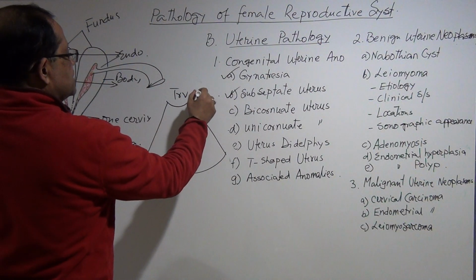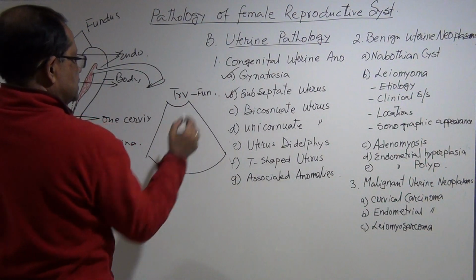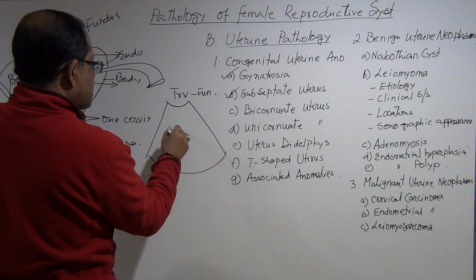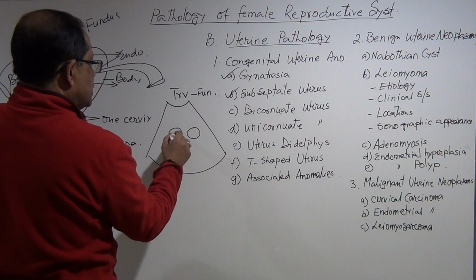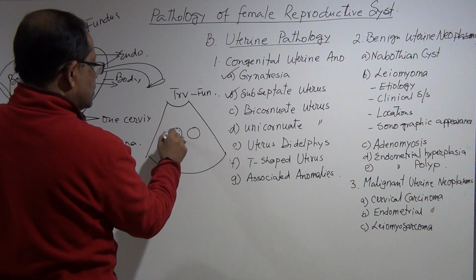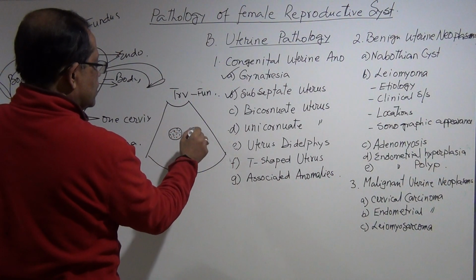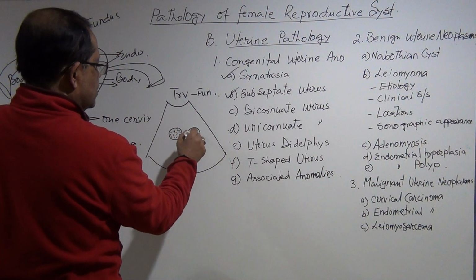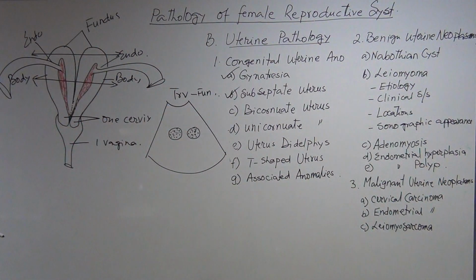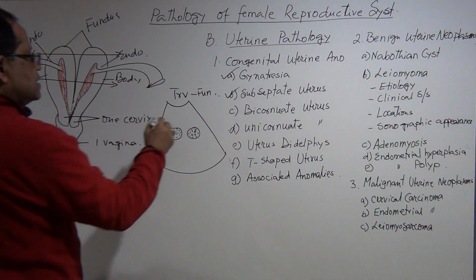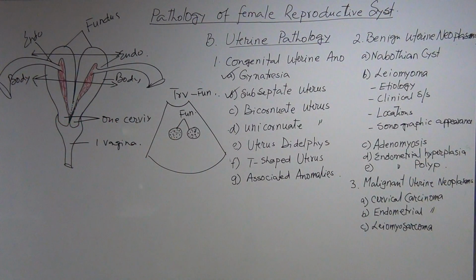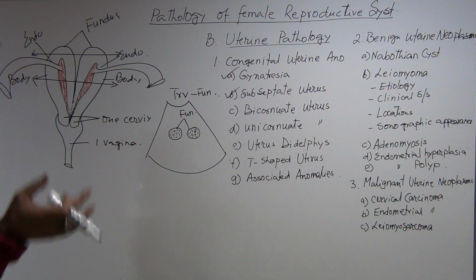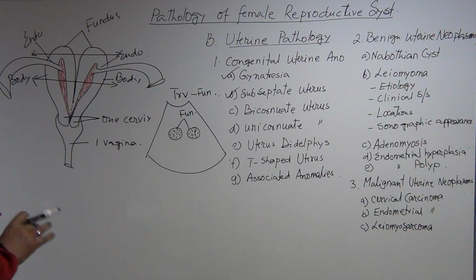Transverse through fundus, then you will say there are two fundus. Transverse is the best. In size, it will overlap. You may not see clearly.